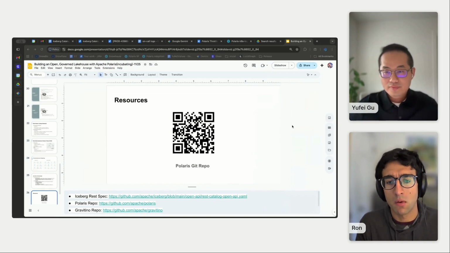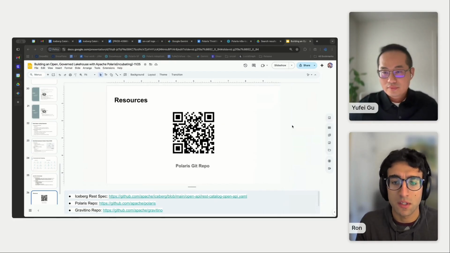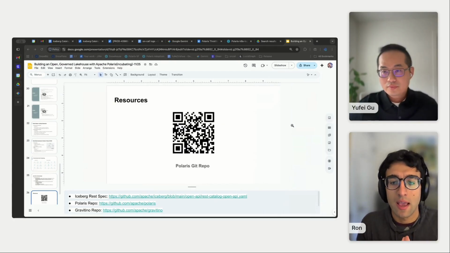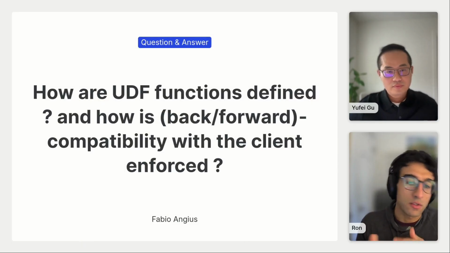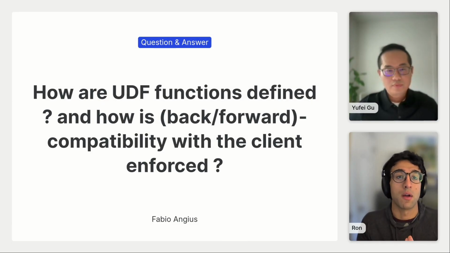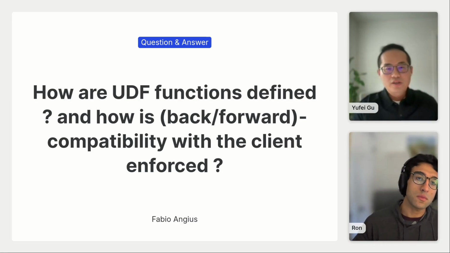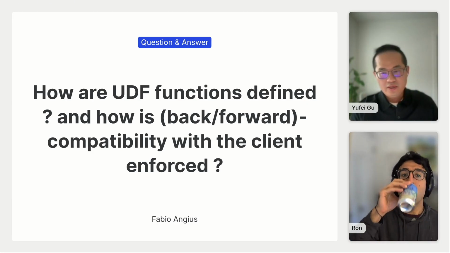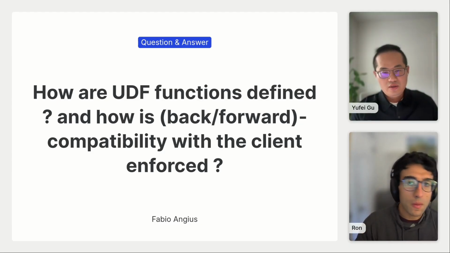So from Fabio, specific to UDFs: how are UDF functions defined, and how is backward or forward compatibility with the client enforced in Polaris? Yeah, it's a good question. So UDF is an effort we are collaborating on with the Iceberg community.